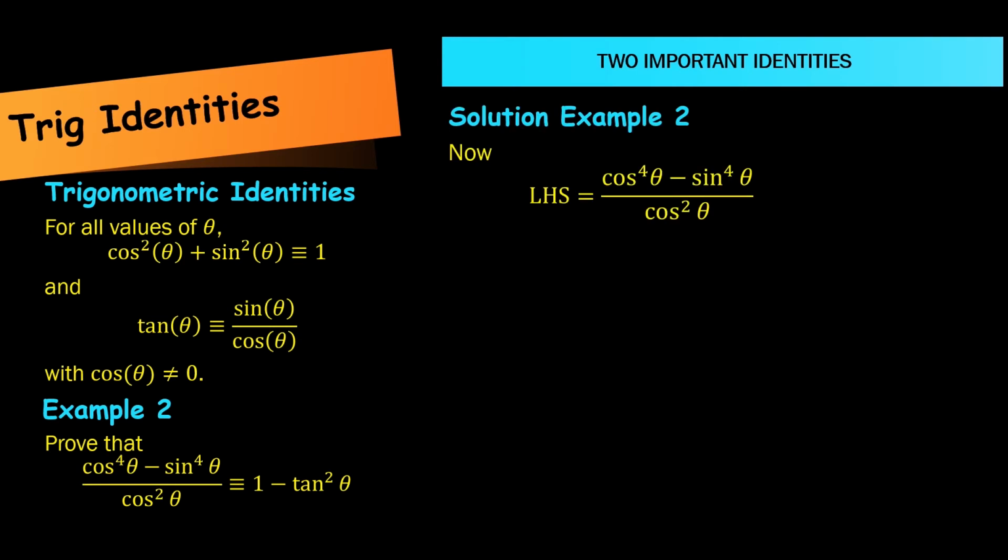So let's solve this. We're going to simplify the left-hand side because that is the side that looks a bit more complicated. Looking at the numerator, you might be able to spot that this can be factorized.